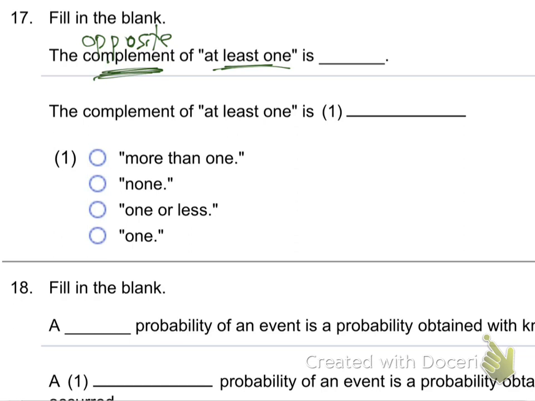But used that way, it does mean that. If your spouse complements you, meaning they're strong where you're weak, they are opposite in some way, filling you in. So the opposite of at least one is none. Because at least one is one or more, so the opposite is none. Good on that?